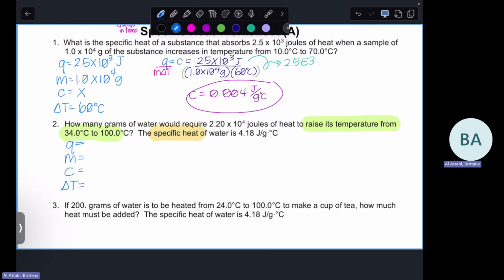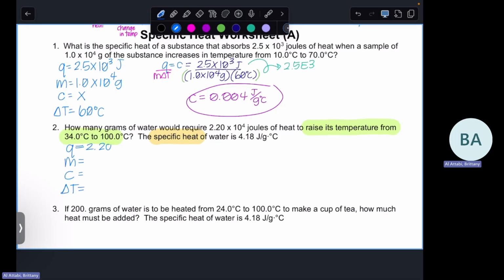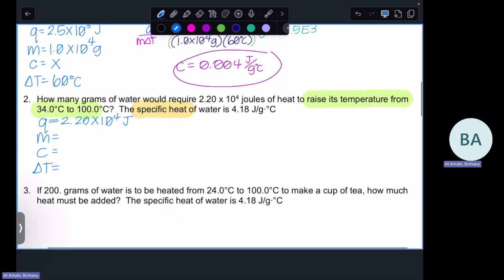Okay, so what variables am I given? And I'm just going to call on people now because I'm mean. Wyatt, give me one of the variables that is given to you in the problem. Yeah, 2.20 times 10 to the fourth. Excellent. All right, let's see. Dylan, give me another variable that's given to us in this problem. We already have Q. What else do we know?